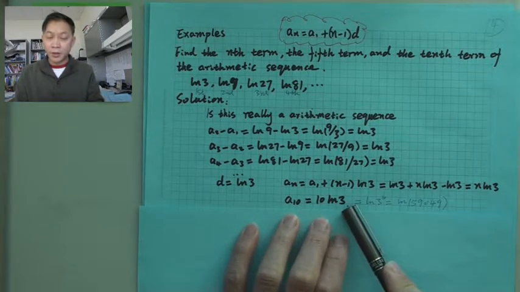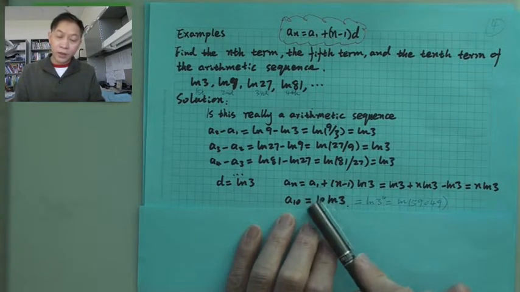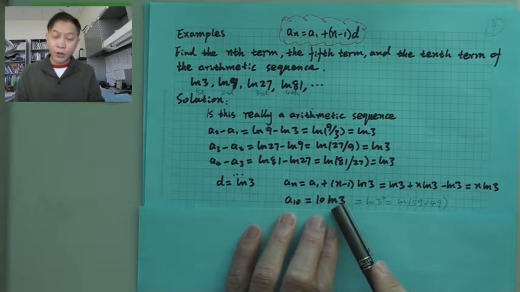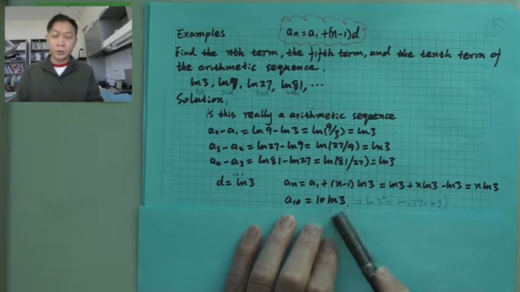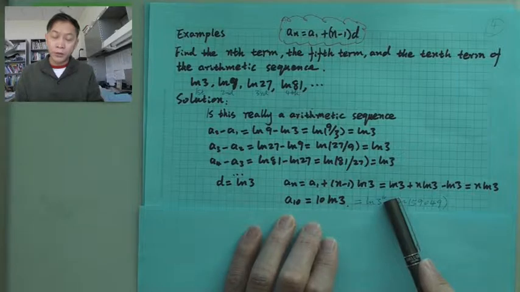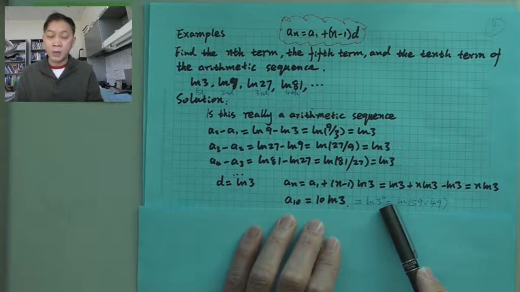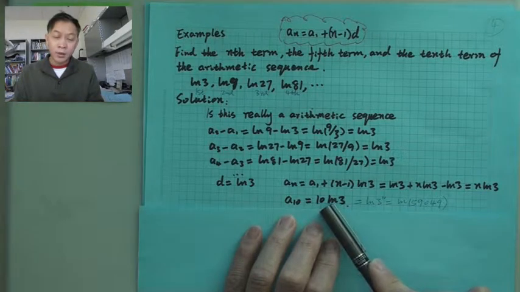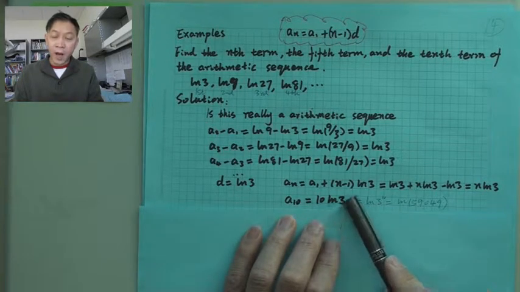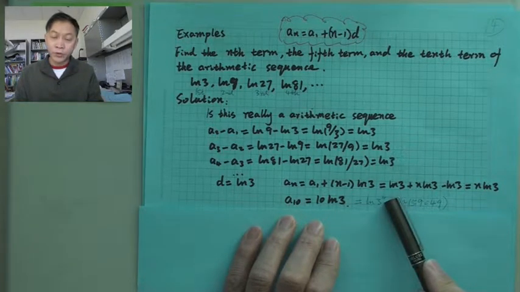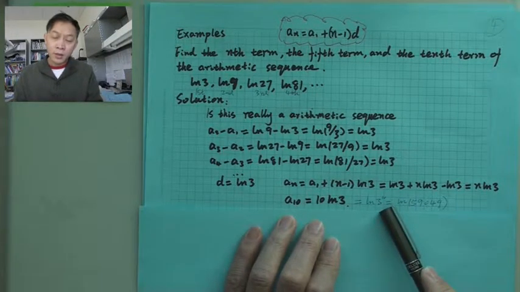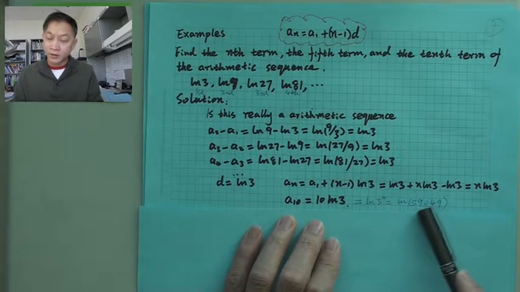What is this number? The coefficient in front of natural log can be moved up to become the exponent of 3. The coefficient 10 moved up is actually the exponent of 3. And you know 3 to the 10th is this number.